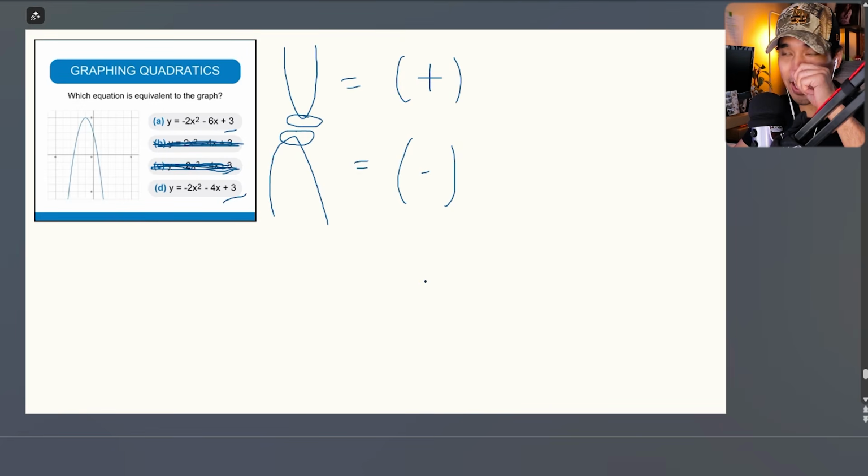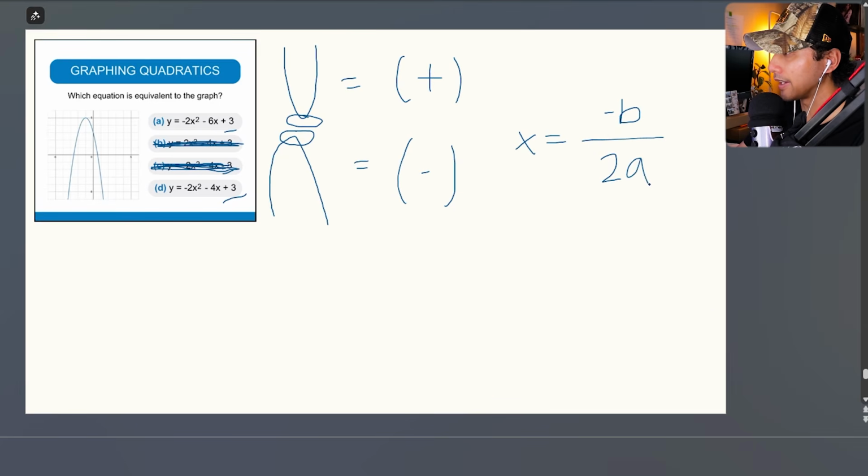And to find the vertex, we need this equation: x equals negative b over 2a. So let's go ahead and grab this equation. A would be negative 2 and b would be negative 6. We don't need this, which is c. So let's go ahead and plug it in.